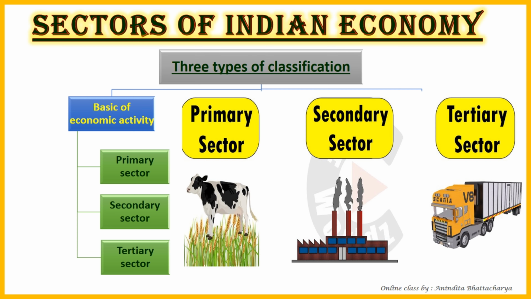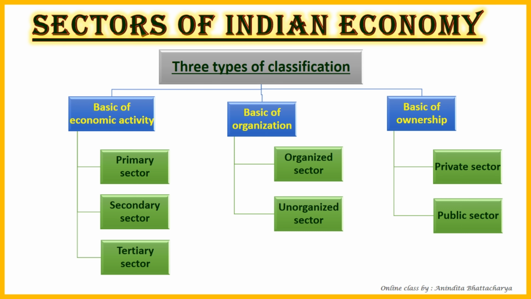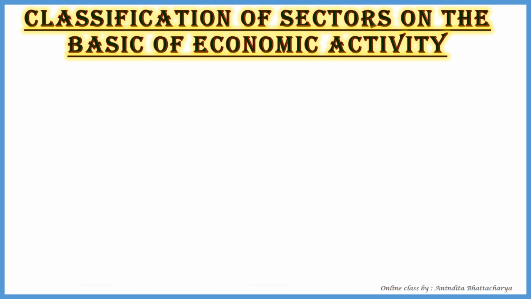The basis of organization is divided into two parts, organized sector and unorganized sector. And the third criterion, the basis of ownership, is divided into two parts, private sector and public sector. Today we will discuss the economic activity criteria.